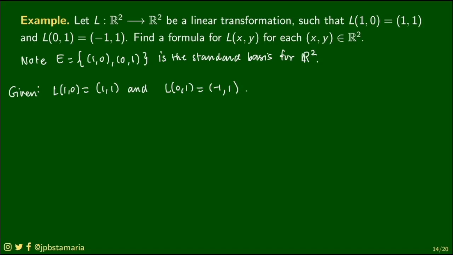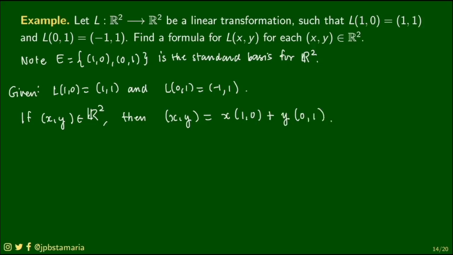So if we want to find the formula for L of (x, y) for any (x, y) in R2, we have to first express (x, y) as a linear combination of these two basis vectors. But because this is the standard basis, writing (x, y) as a linear combination is very easy. In fact, (x, y) is simply x times (1, 0) plus y times (0, 1).